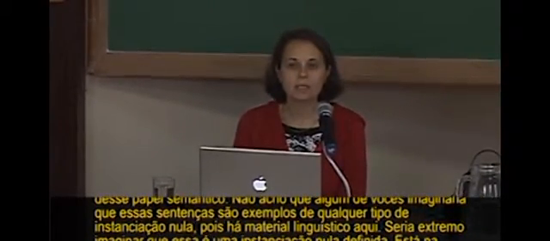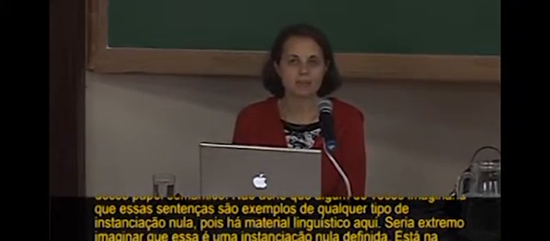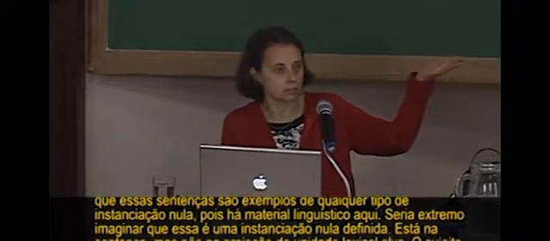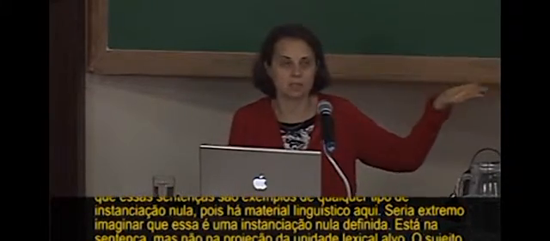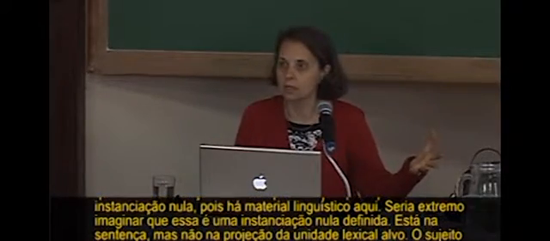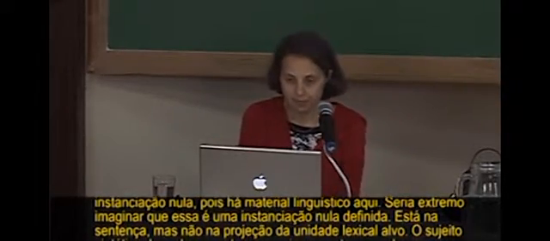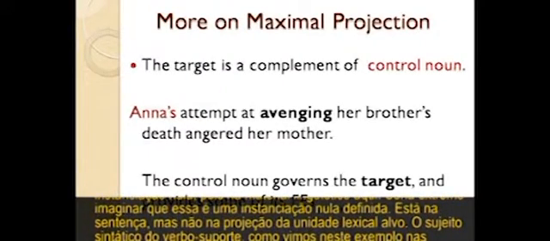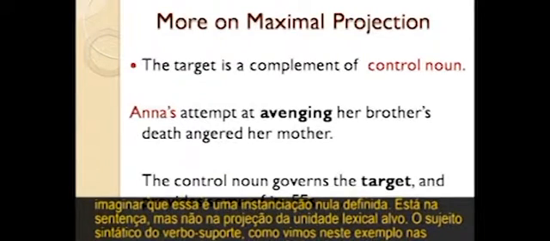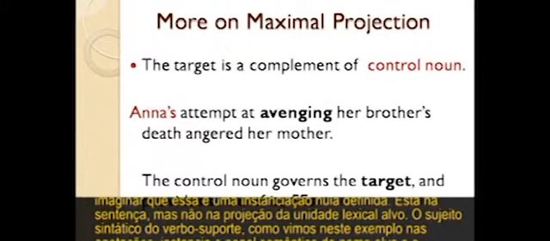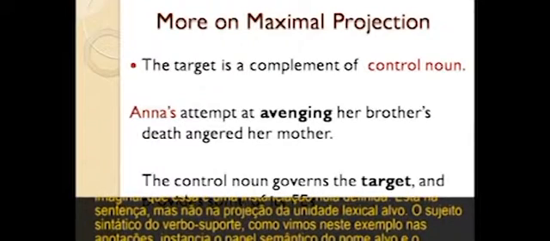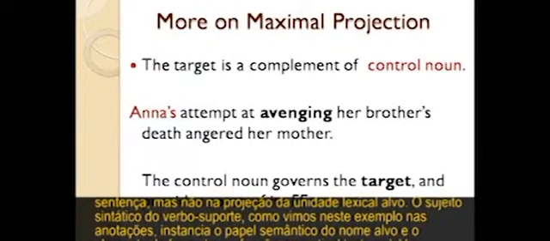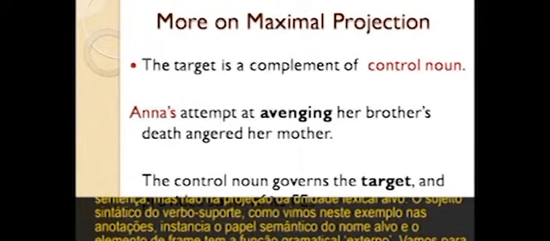It would be extreme, I think, to imagine that this is definite null instantiation. It's in the sentence, but it's not in the maximal projection of the target. Okay, so the syntactic subject of the support verb, as we've seen in these example annotations, instantiates the semantic role of the noun target, and the frame element has the grammatical function external. Let's go on.